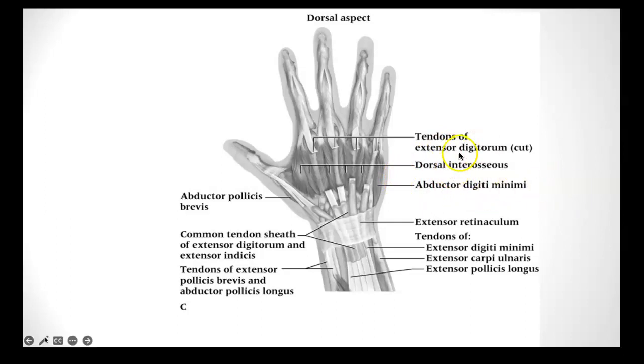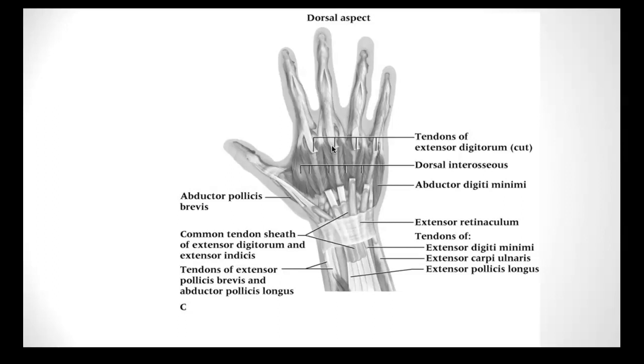On the extensor side of the hand, we have the tendons of the extensor digitorum, of course, right? And we know what is the role of the extensor digitorum. Someone tell me. Great. Major role is wrist extension. The other thing that we can think about is that those tendons do cross over the wrist joint and go into the hand joint. So it assists with MCP extension.